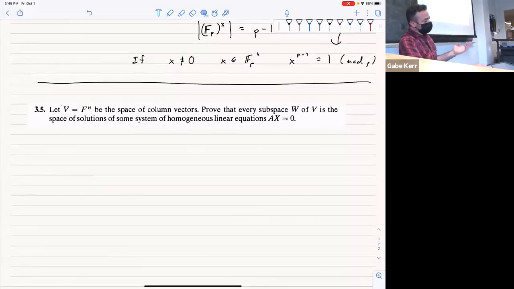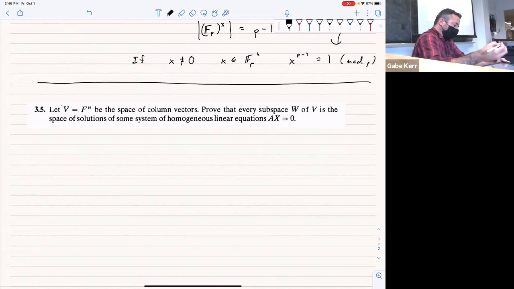All right, so this one does rely on this proposition I talked about today in lecture, which said that if you have a linearly independent set, you can extend it to a basis.